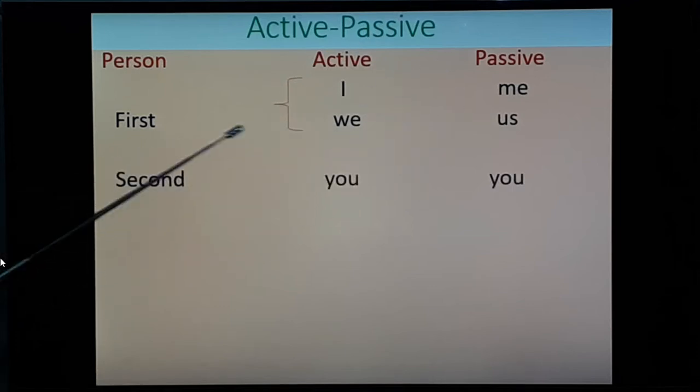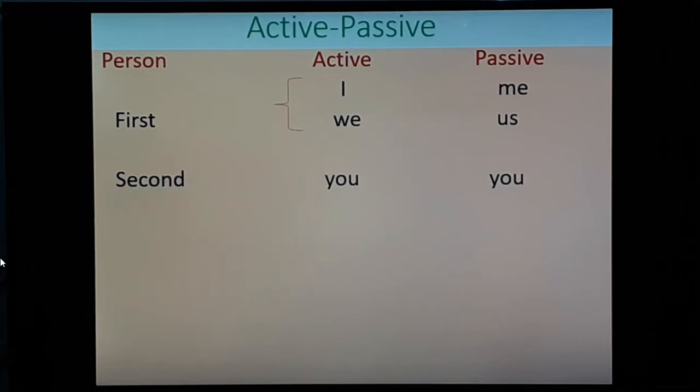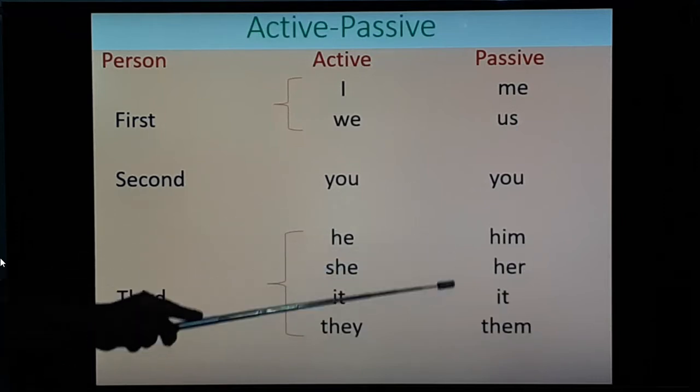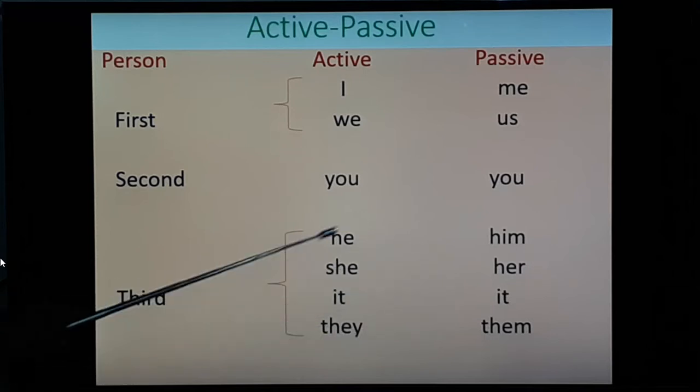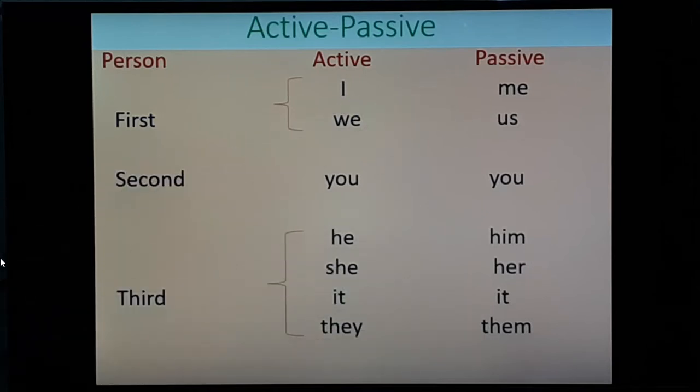Second person, you will be the same as you in passive. Third person, he becomes him, she becomes her, it becomes it and they becomes them in passive voice. So learn all these by heart.